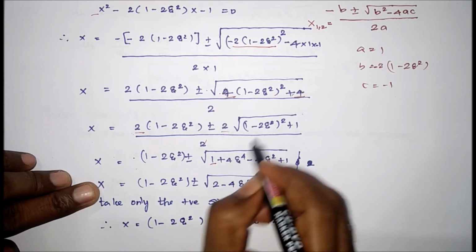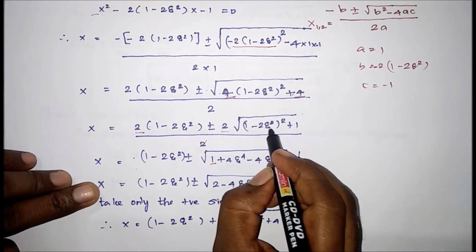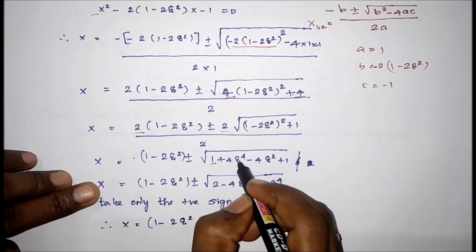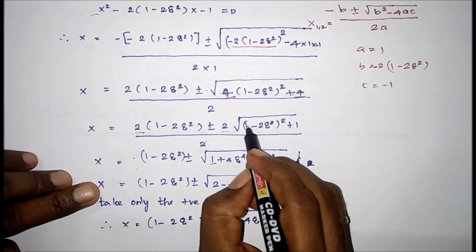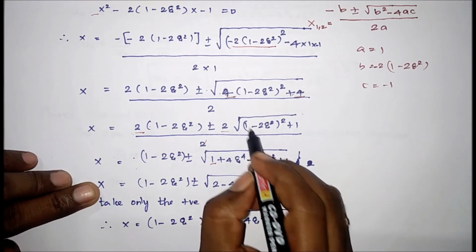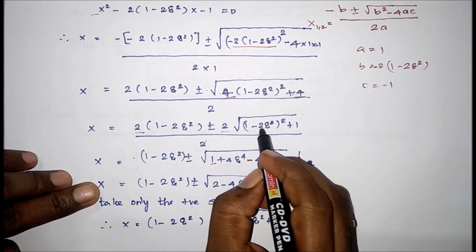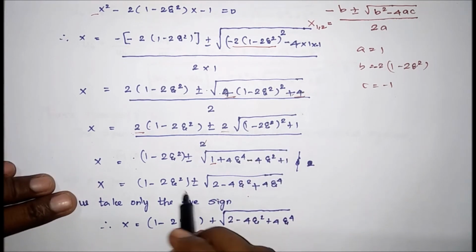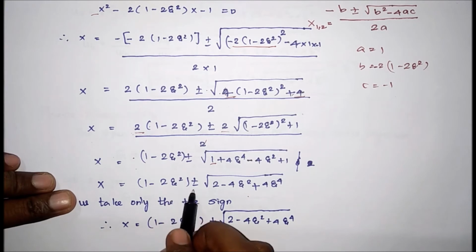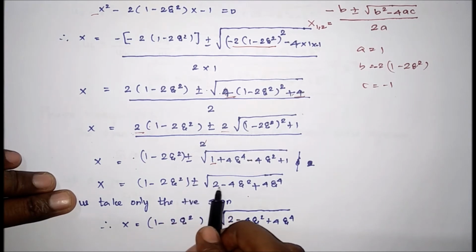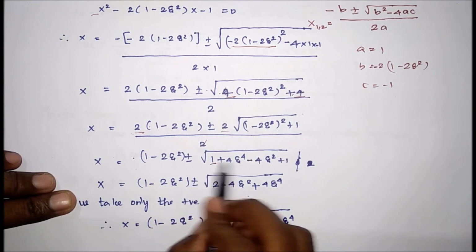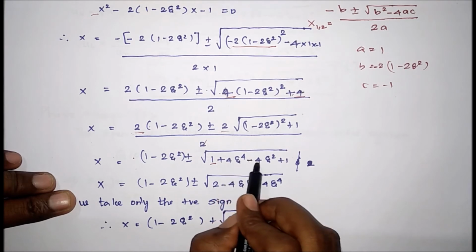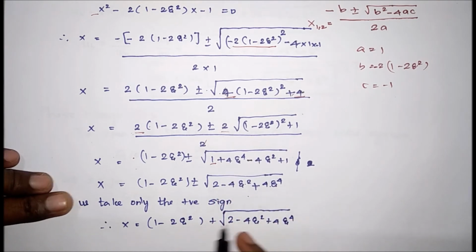So b square, b means 2 eta square, so b square is 4 eta power 4, minus 2ab, 2 into a value 1 into b, minus 2 eta square, so 4 eta square, plus 1. So now it will become 1 minus 2 eta square plus or minus square root of 1 plus 1 minus 4 eta square plus 4 eta power 4.